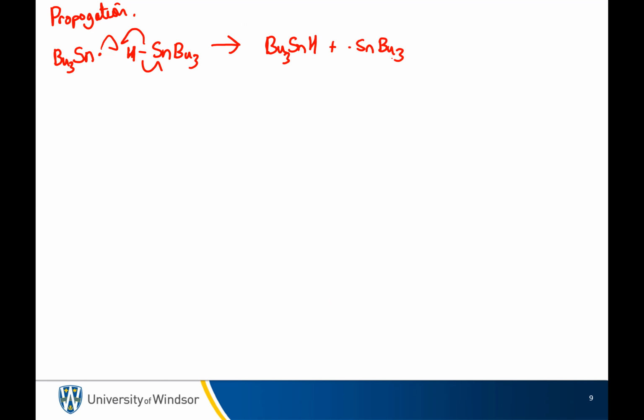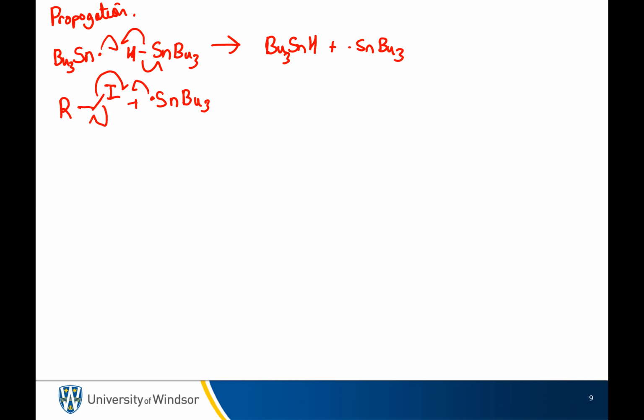But occasionally, the radical reacts with the second most reactive bond in the system because it encounters it first. And the second most reactive bond in the system is our halide. So in a few cases where the radical does not find another equivalent of tin hydride, it finds a halide first. Carbon iodine bonds are very weak.